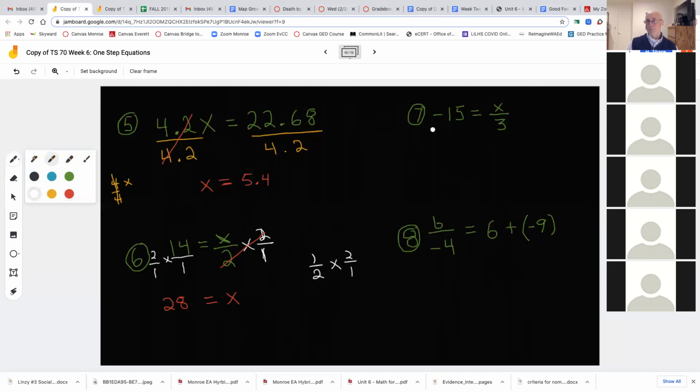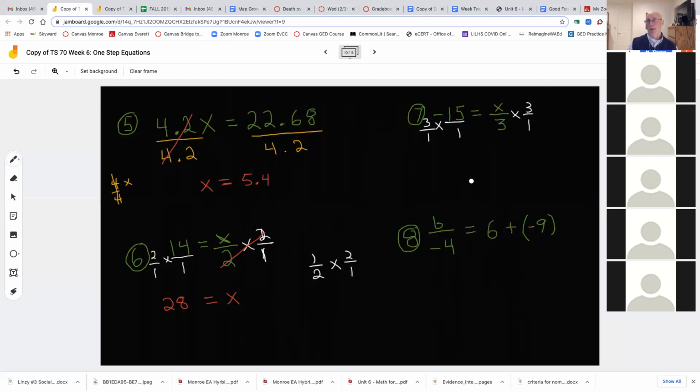I've got negative 15 equals x over 3. I know that if I multiply this fraction by the reciprocal, I'm going to get 3 over this, okay? 3 times that. So I'm going to multiply this side by 3 over 1, okay?